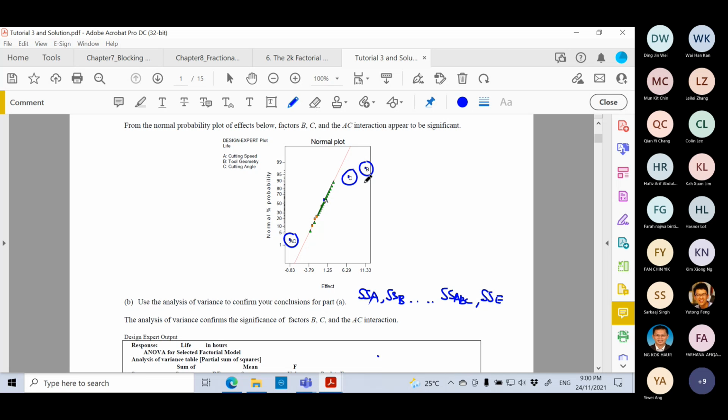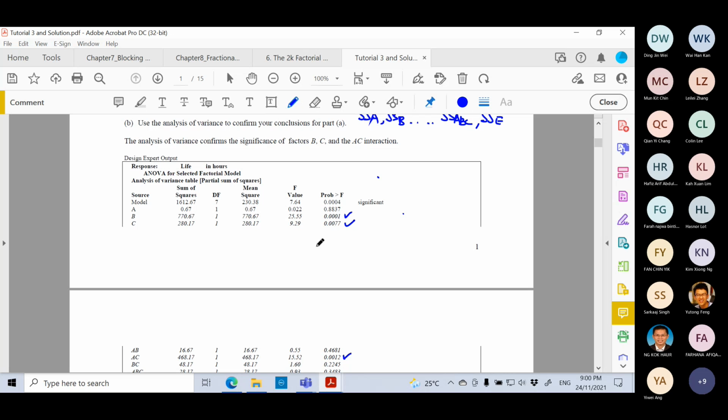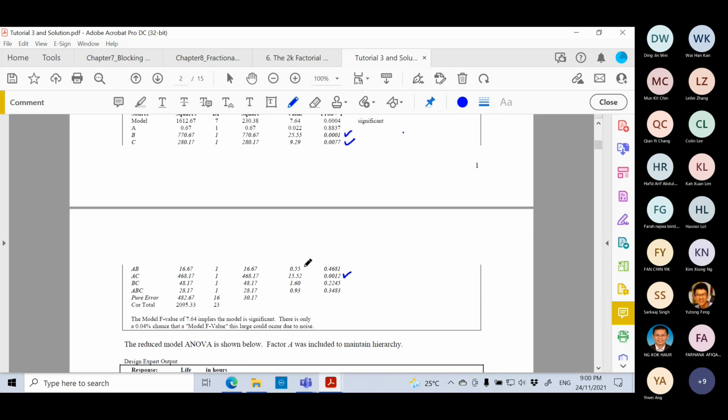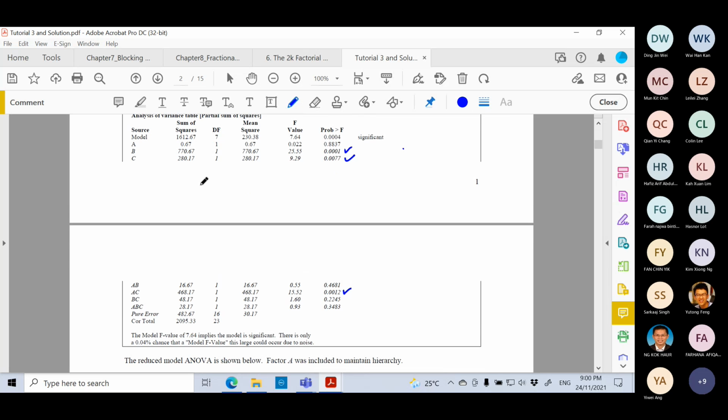Then you can say which factors are important. If they are very close, or sometimes in the gray area, you do not know whether that factor is important or not. So you need to carry out the analysis of variance to check which factors are important. But if you want to use ANOVA, you must provide that you can find the error.